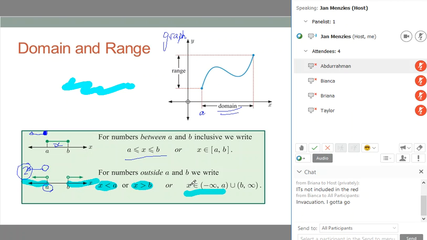This reads x, and x is the domain values, or the domain values are the x values. X is an element from minus infinity to a, and union means combined with, if you like, and also all the values of x from b up to infinity.